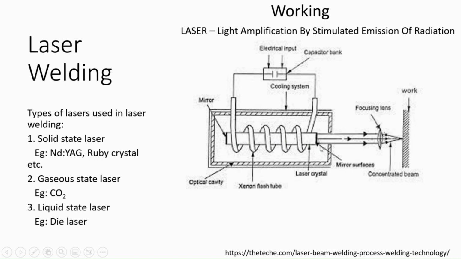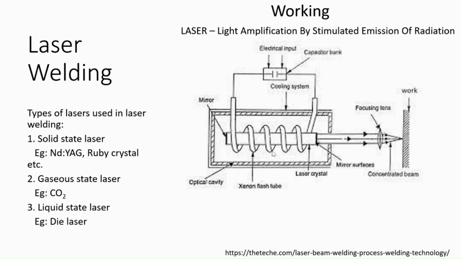The basic principle behind all this is the same, and you have a helical tube which is surrounding that. When this electrical energy is given to the xenon tube, it is converted to an intense white light by the xenon flash tube.